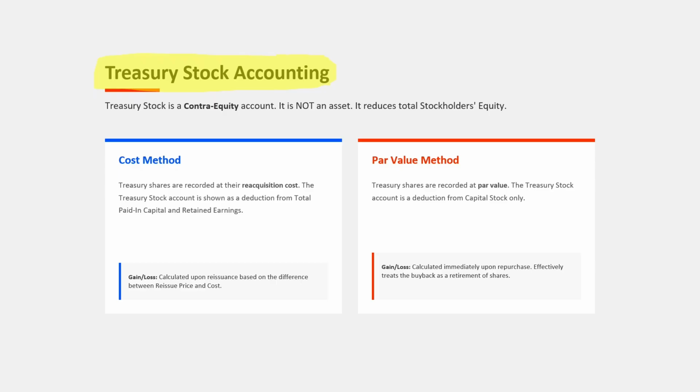But basically, because of those reasons, it goes to the equity section, but it goes as a contra equity because it is not an asset. So how you can see it in the exams, all you have to do is move it to the equity section. Treasury stock is a contra equity account, therefore it is going to be in the debit section.